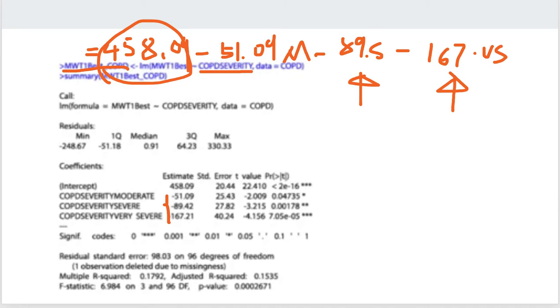And if we use moderate as the reference, then we set it to be 0, and then we're going to have another beta, the beta 0 for the mild. And the beta is going to be larger than 0. That is, when the severity is mild, it is going to increase the walking distance by the beta 0 level.